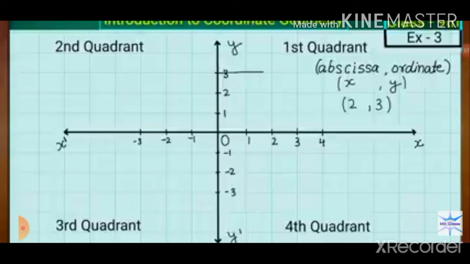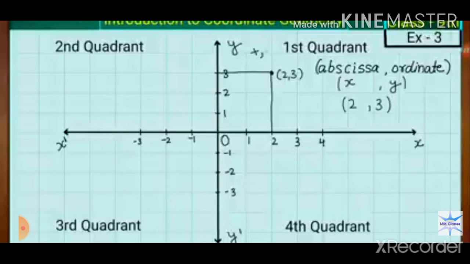The line passing through the point 3 on the y-axis and parallel to the x-axis, similarly the line passing through the point 2 and parallel to the y-axis, both lines intersect at a point, and this point is known as (2, 3). So (2, 3) is lying in the first quadrant.